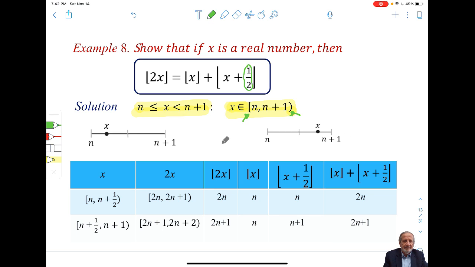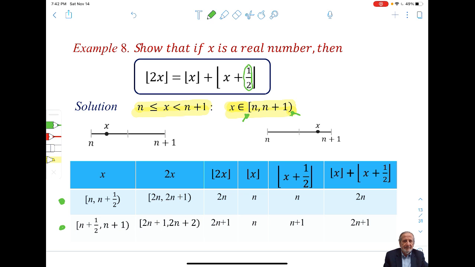That's why we are going to distinguish two cases. Case 1 is x between n and n plus 1/2, and the other case, x between n plus 1/2 and n plus 1. This way I cover all the values of x between n and n plus 1.